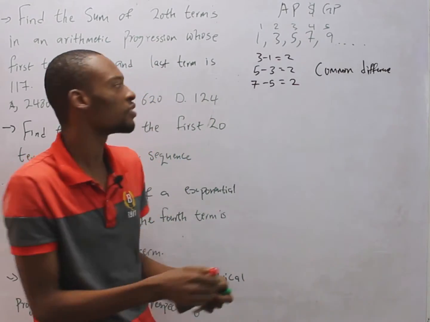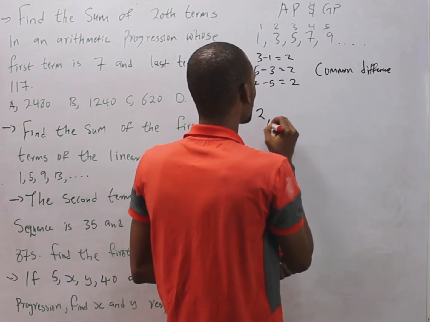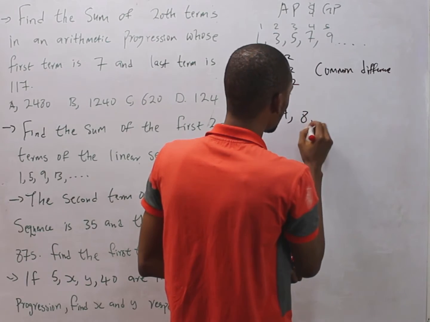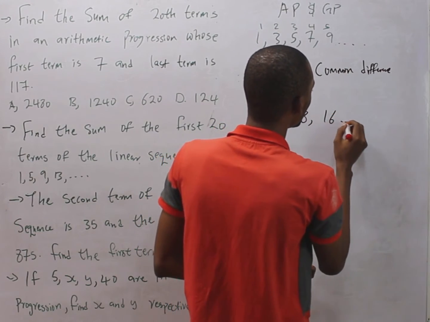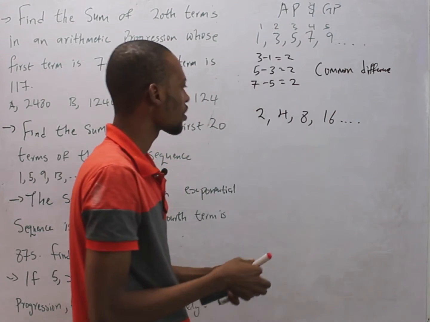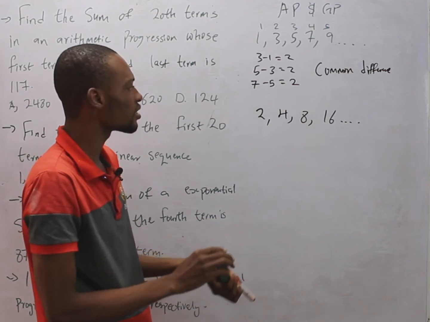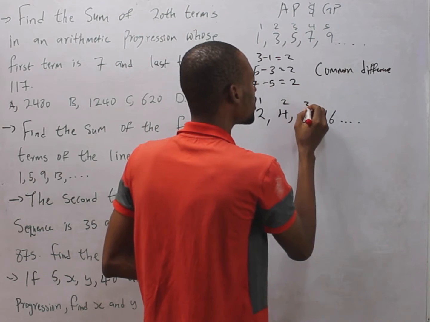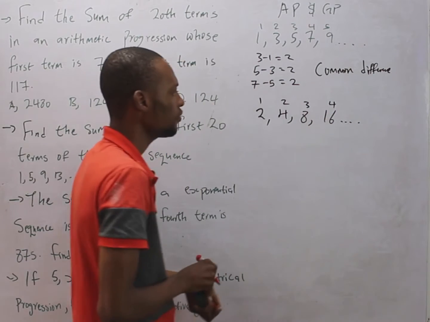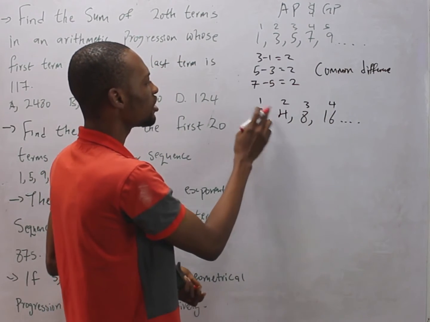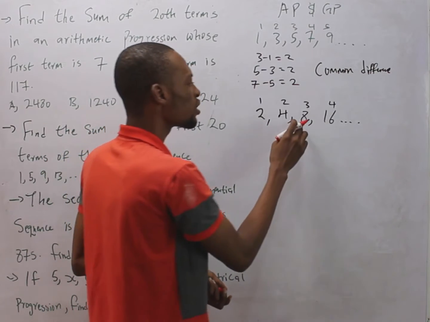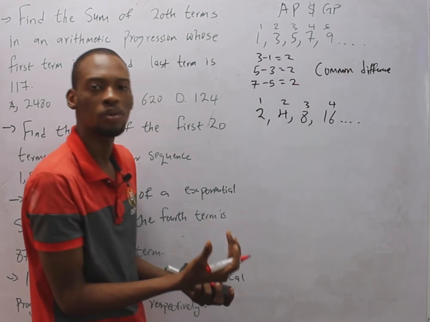We have other progressions like 2, 4, 8, 16, and so on. Given this type of sequence, this is the first term, this is second, this is third, and this is the fourth. This minus this, 4 minus 2 is 2. But 8 minus 4 is not 2.